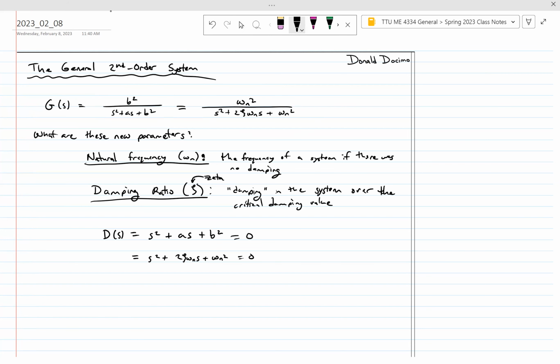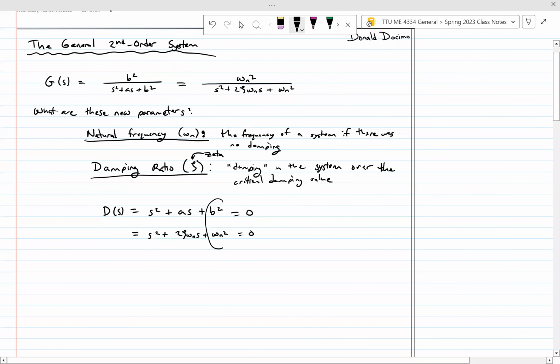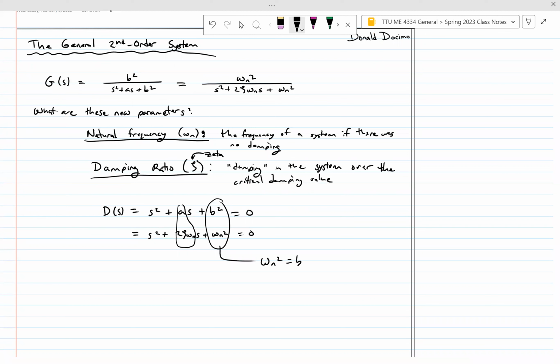So we can obviously see these two should be equal to each other, and these two should be equal to each other. Right? So omega n squared is equal to b, so omega n will be equal to technically plus or minus the square root of b. We usually go with the positive one for frequency. It really doesn't matter if it's positive or negative, but typically we just say natural frequency is the positive value for this, right? Then 2 zeta omega n is equal to a.